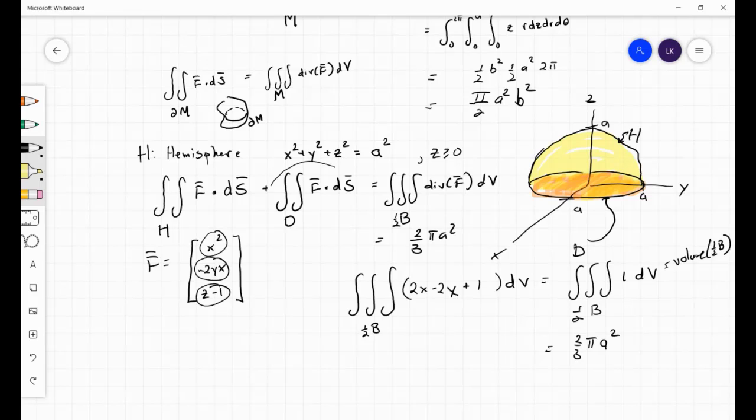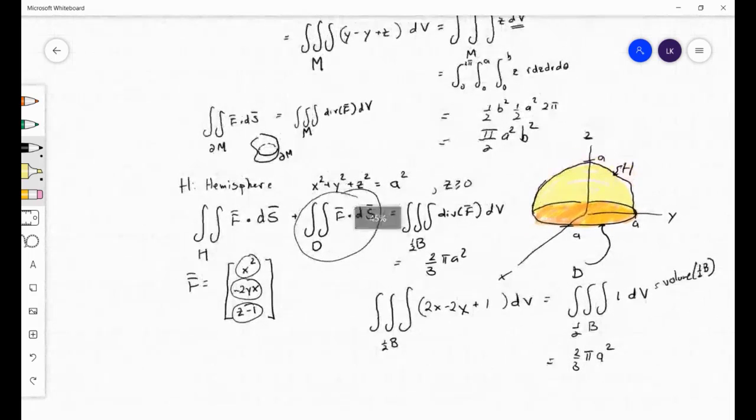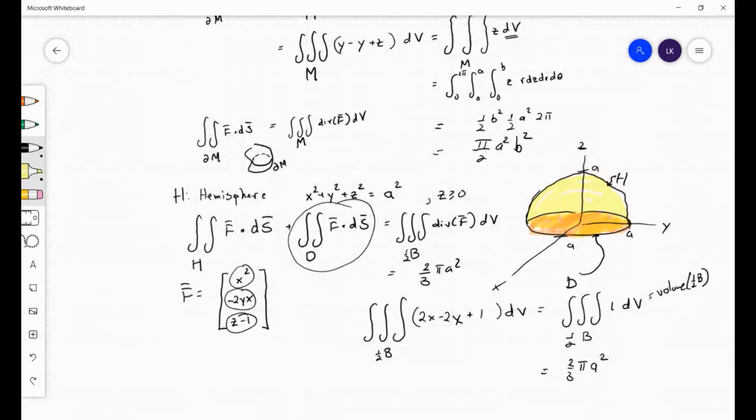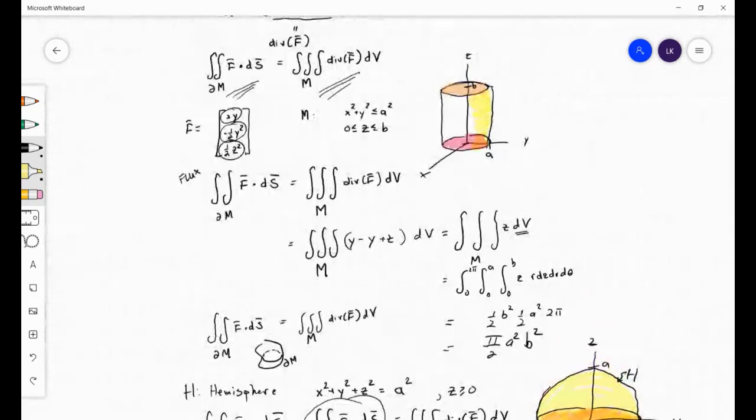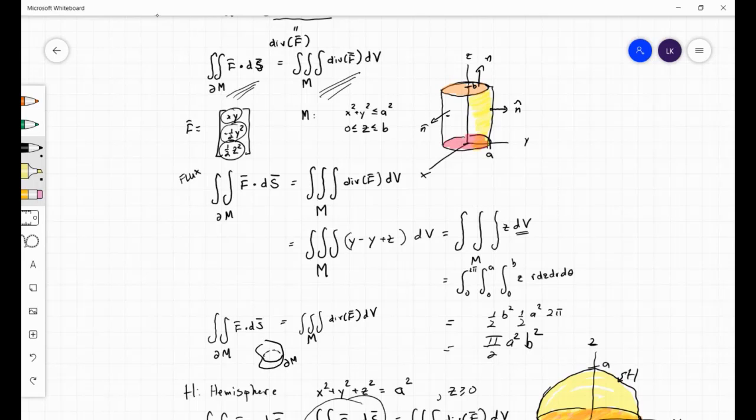Now let's find the integral over that disk. What I should have mentioned before, because we were talking about orientations, is that the differential surface area element, which is a unit normal times the area element, has to be outward pointing in divergence theorem. It has to point away from the interior of your enclosed volume.